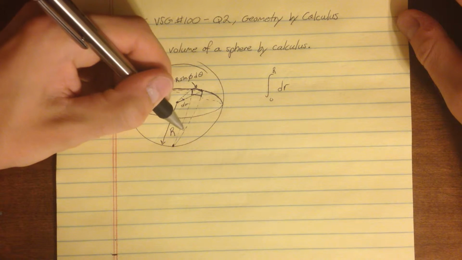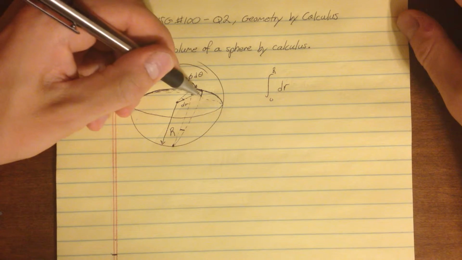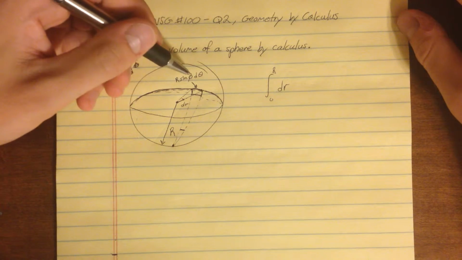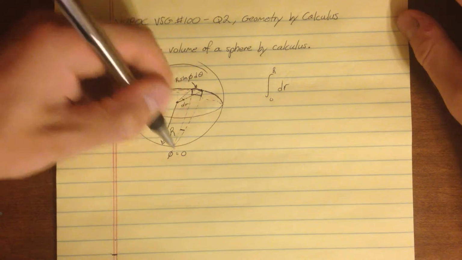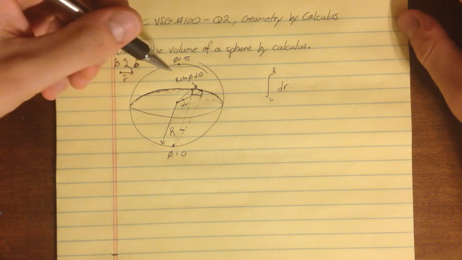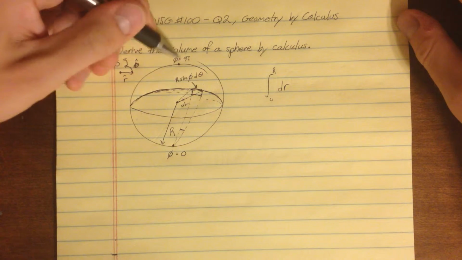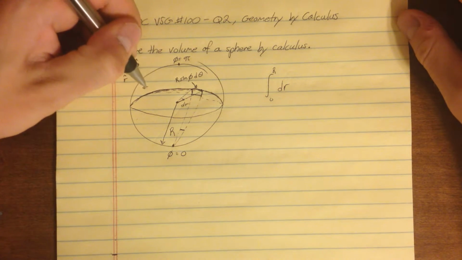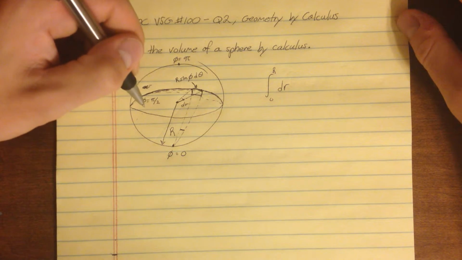So the width of this section is not the same down close to the pole as it is up close to the equator, and the factor sine phi takes care of that. If down here this is phi equals 0, and at the pole up here phi equals pi, then sine phi is 0 down here and 0 at the pole, and maximum at the equator, where phi equals pi over 2.